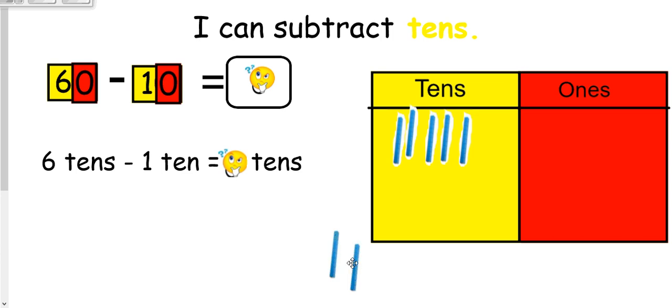How many tens do we have left? 5 tens. 6 tens minus 1 10 equals 5 tens. So 60 minus 10 equals 50. 10, 20, 30, 40, 50.